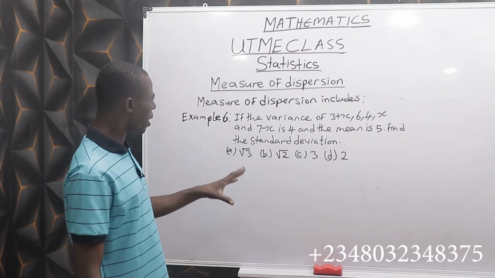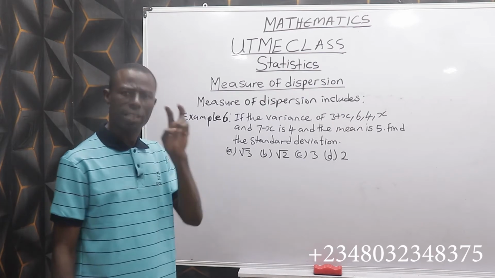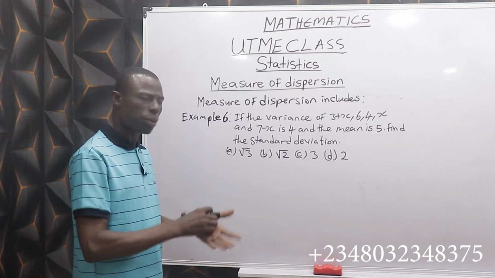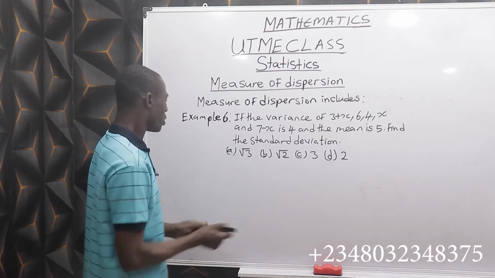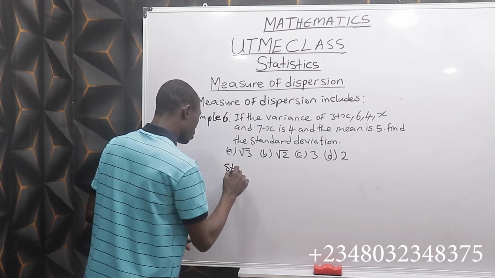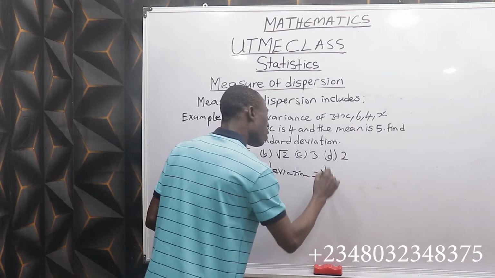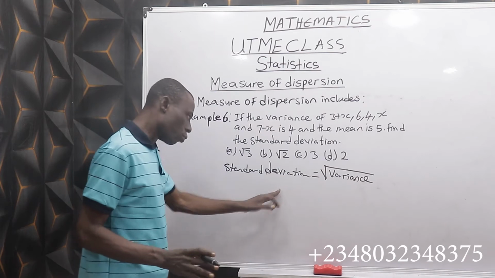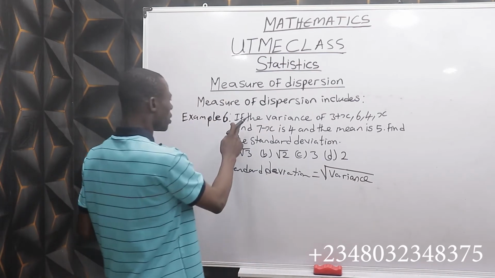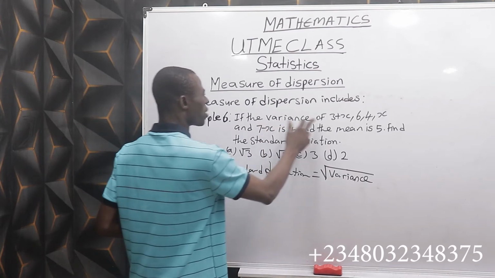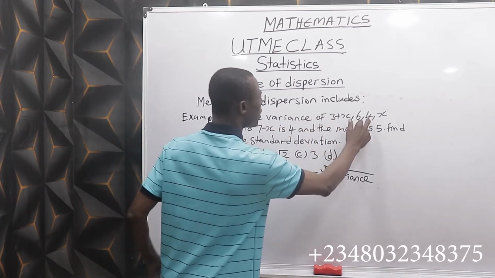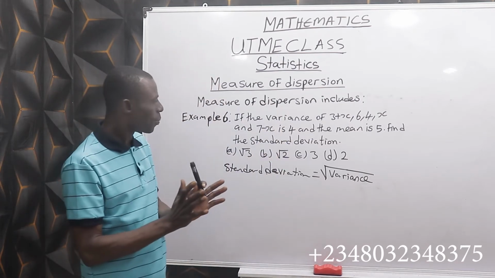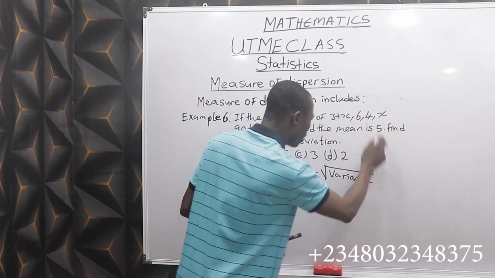This example 6 borders on variance and standard deviation. Now, let me succinctly give you the relationship between standard deviation and variance. Standard deviation is equal to square root of variance. Don't forget this. If that is true, then this question says the variance is 4, the variance is already given, and the mean is 5.